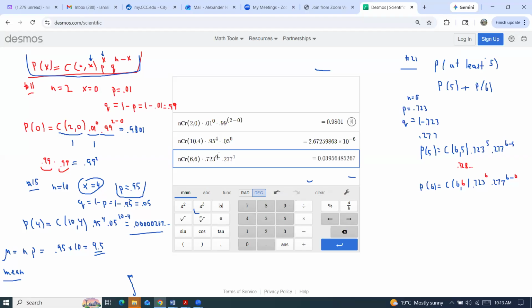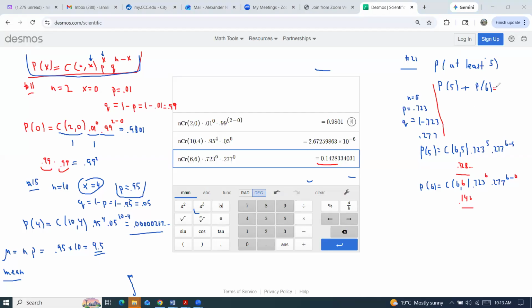So 6 now is a power, and 0.277 to the power of 6. And we got the other result. Let's write it down. So it's approximately 0.143. Let's say if I care to get this to thousands.